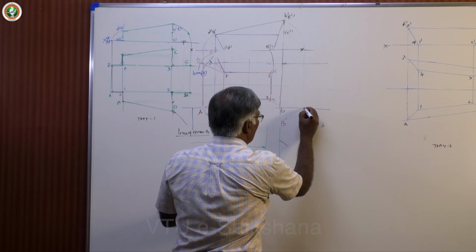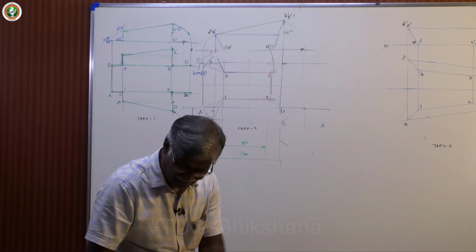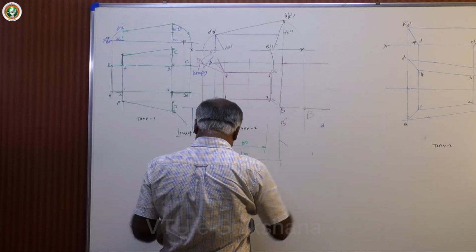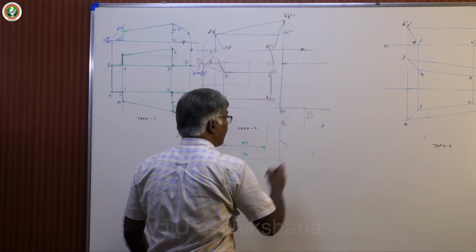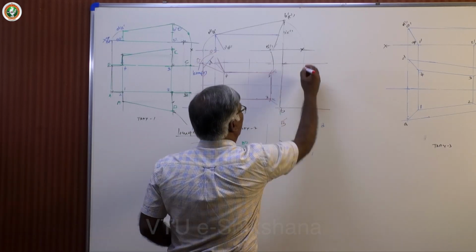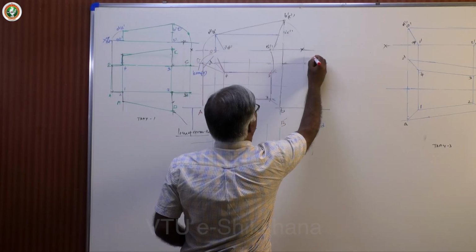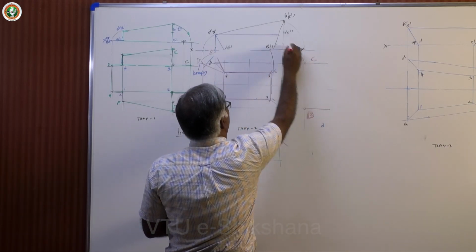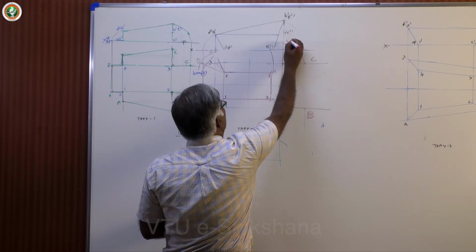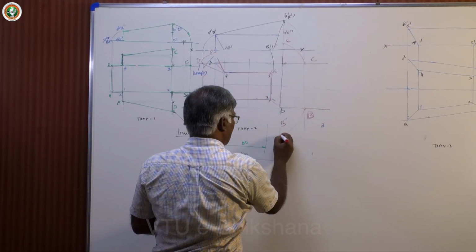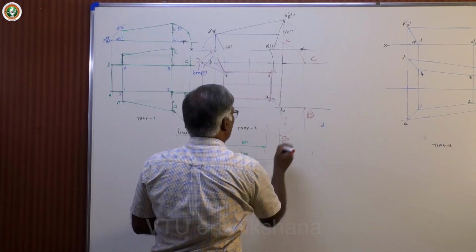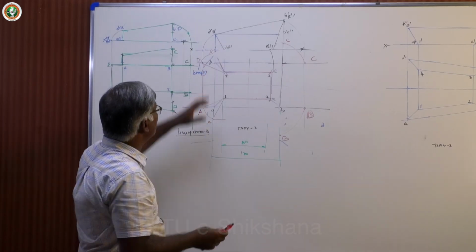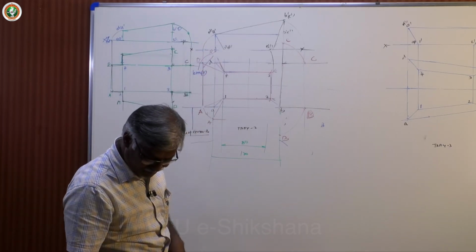This is reference B. Again, this one is C. Yeah, and take the same distance here. This is C, and here the same distance. This is B. Okay, that's all. Already we have D and A fixed. No change here. Now join them.